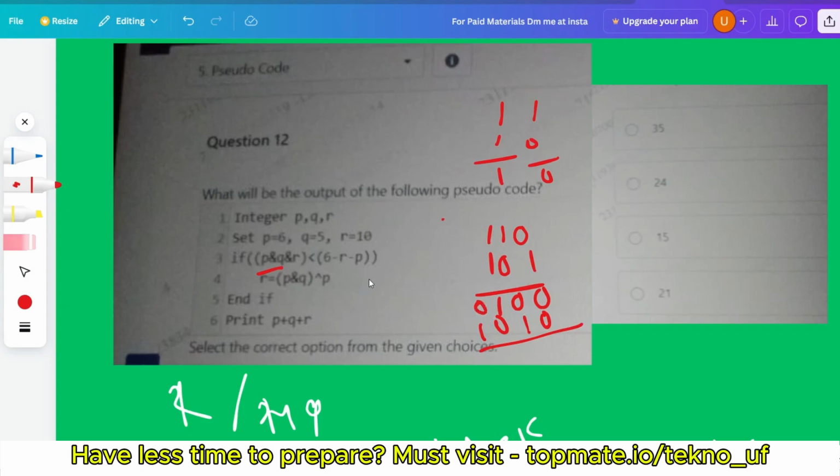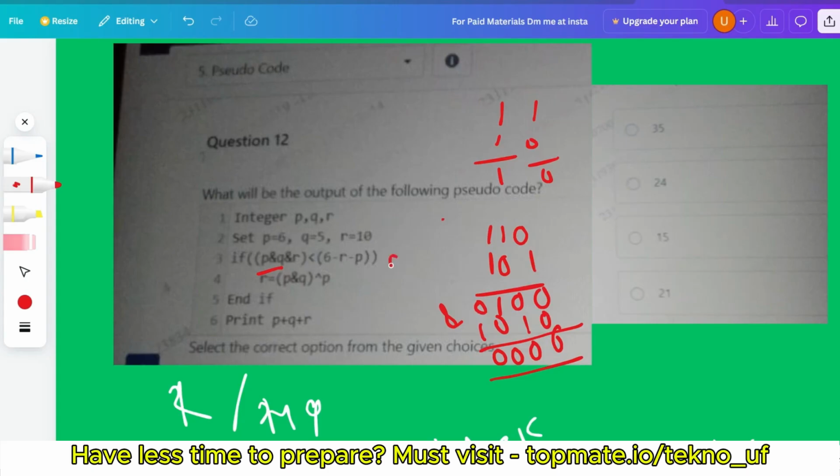So the equivalent binary number of 10 is 1010. Let us calculate the value of the bitwise AND operation. So 0 and 0, this is false. Here one statement is false, so this is false. Here one statement is false, so this is false. Here one statement is false, so this is false. So as you can see, this is 0.